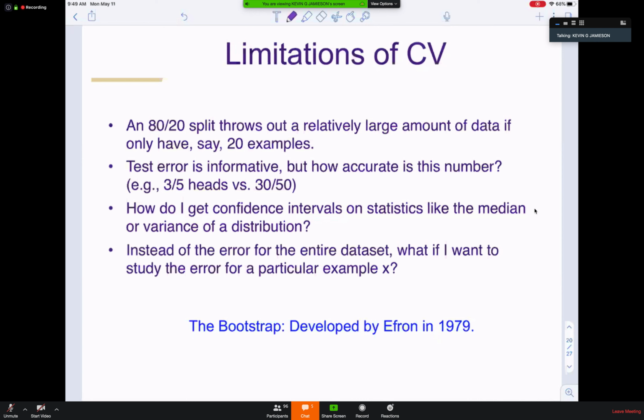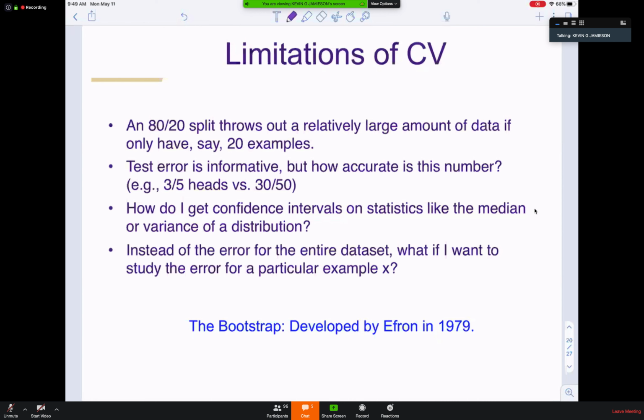I don't care about the whole population that I could be seeing based on the training error and test error, or based on the data set that I saw, all the X's I saw. I care about this particular X. What is the accuracy? And we have not given you the tools to be able to do that yet. You can't answer this question with just cross-validation or looking at Hoeffding's inequality. But the Bootstrap can do this.